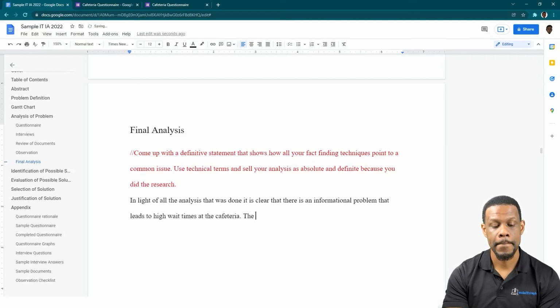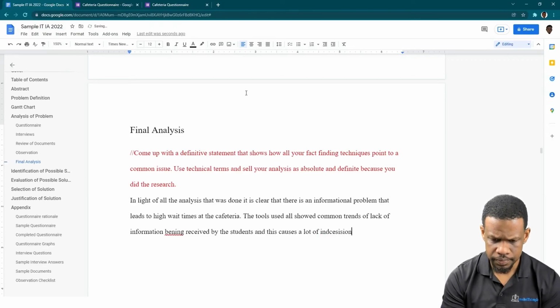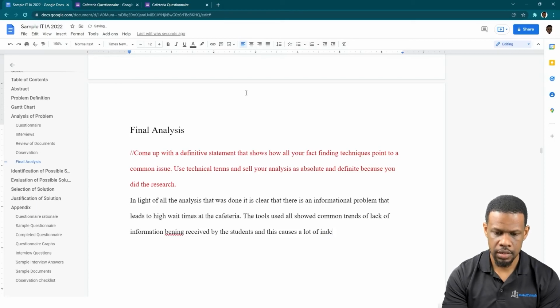The tools used all showed common trends of lack of information being received by the students, and this causes a lot of indecision on their part, which contributes to the long lines.